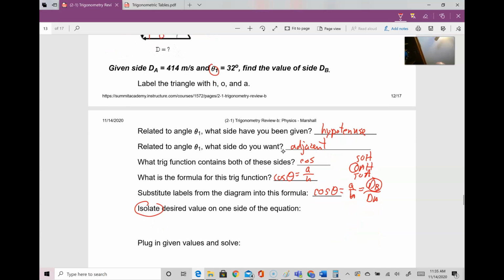So I'm going to move dA to this side of the equation and get dB by itself. That means dA times the cosine of theta equals dB.